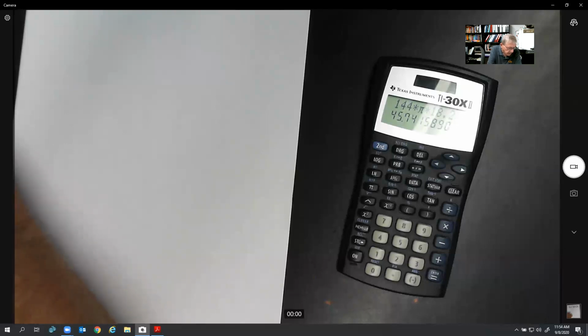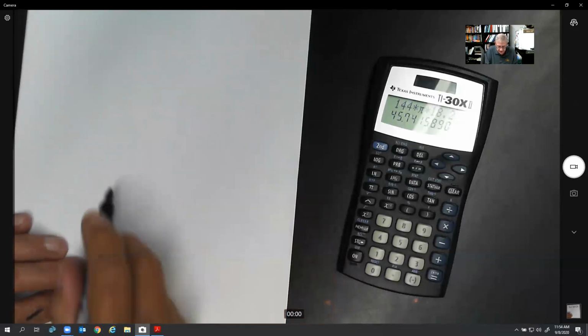Reno, Nevada is approximately due north of Los Angeles. The latitude of Reno is 40, LA is 34, and the N means it's north of the equator. The radius of the Earth is 6,400 kilometers. Find the north-south distance between these two cities.